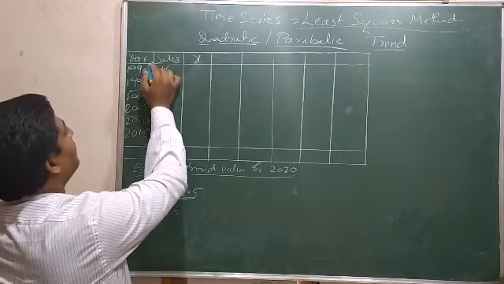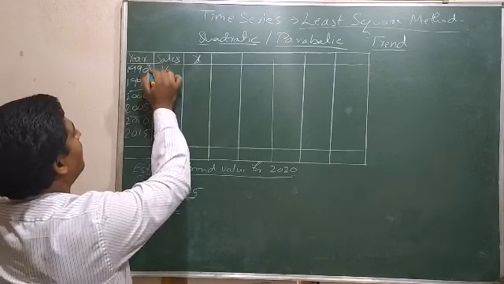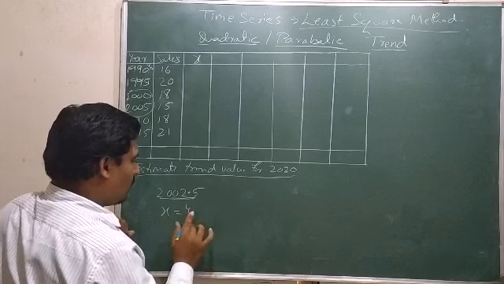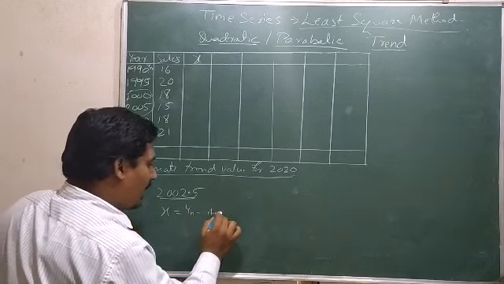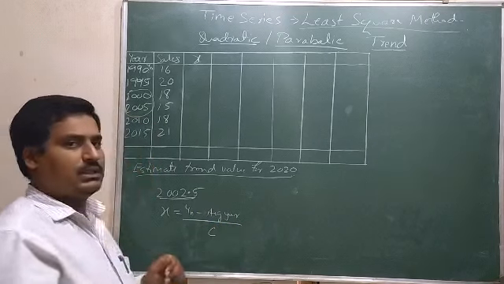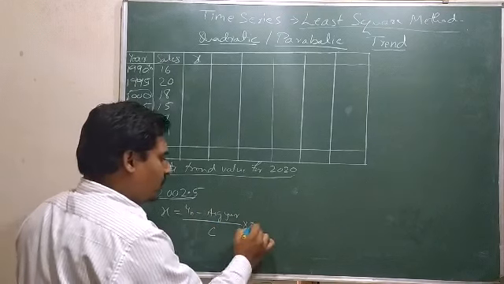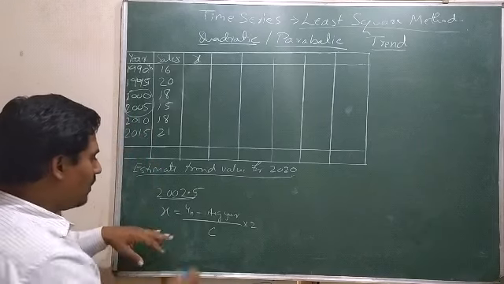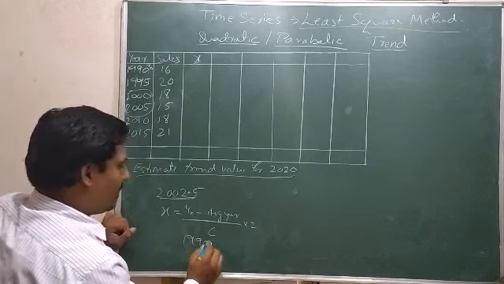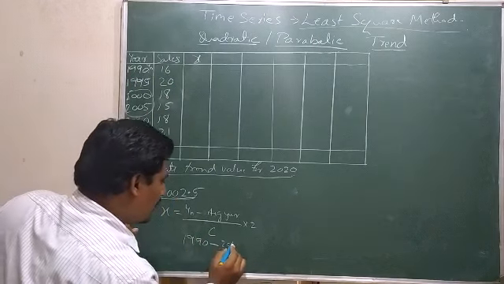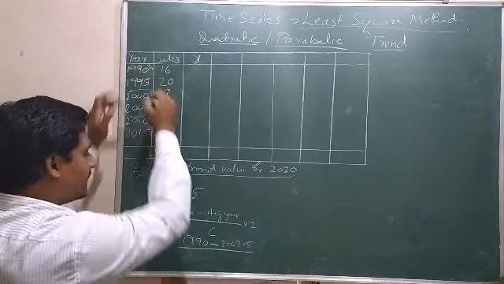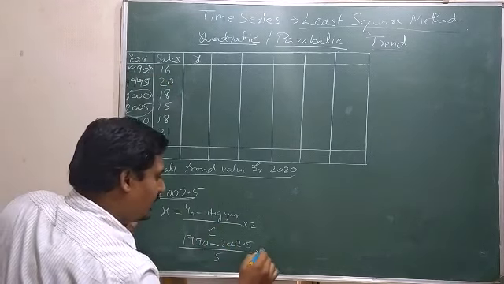So I will put it as y0 or yn minus average year divided by width, and I will put c here and into 2. So for yn 1990, minus 2002.5, divided by width 5 years, into 2.